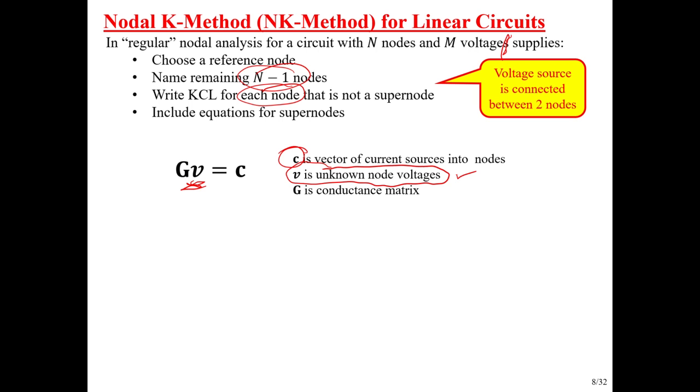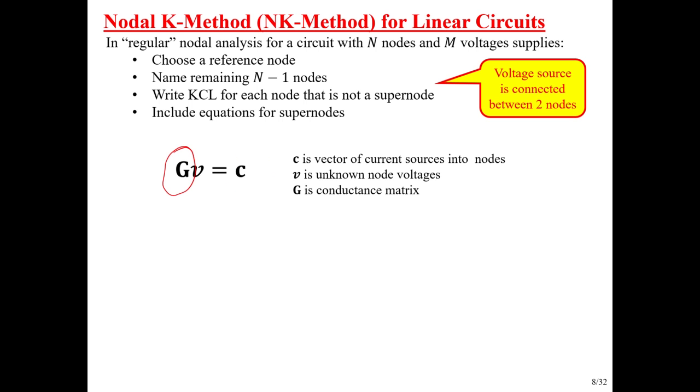There may not be any current sources in the circuit. If that's the case, C would be a vector of all zeros. But if there are any current sources, we would set those equal to appropriate elements of C. And then what is G?